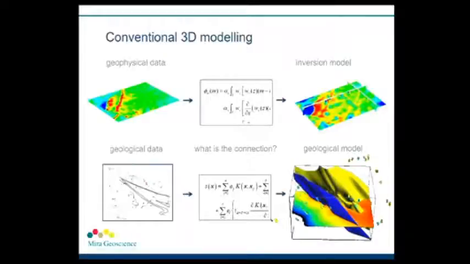Okay, so on the bottom, we have a picture of the geology that's saying we expect that the Earth is broken into a series of rocks. And those rocks are separated by discontinuities, and we're going to model those discontinuities as surfaces. And whether it's through an implicit modeler as shown here, or it's done through explicitly modeled wireframes, it's a series of discontinuous surfaces.